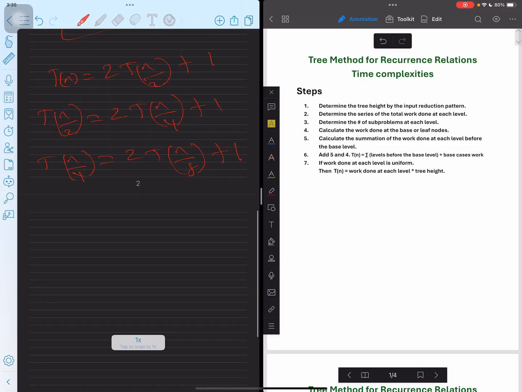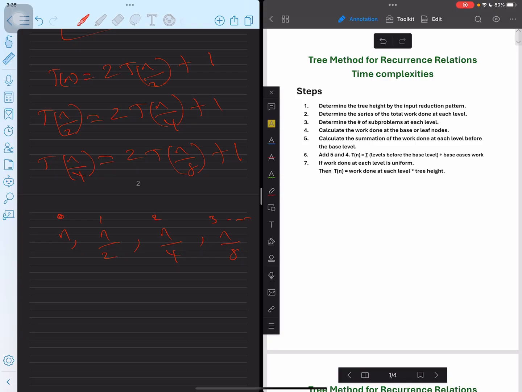So let's see the pattern of the input reduction. It starts from n, goes to n over 2. This one goes to n over 4. This one goes to n over 8. So take this as the series of the levels of the tree. The tree starts from 0, 1, 2, 3, and so on until you get to the base case, right?